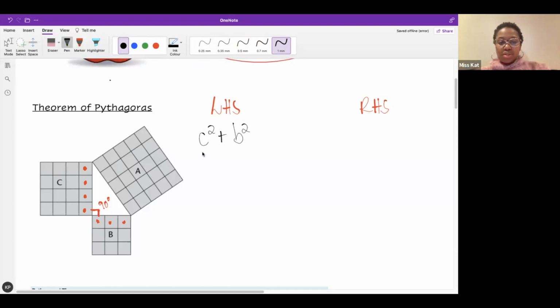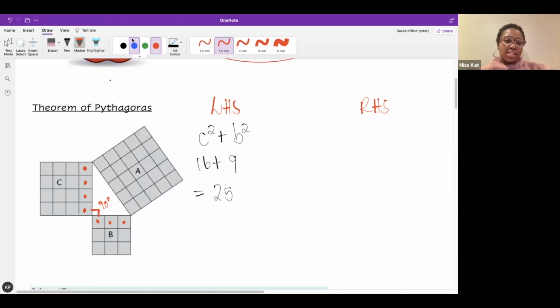C squared is 16 plus, how much is B squared? That is 9, and that will be equal to 25.